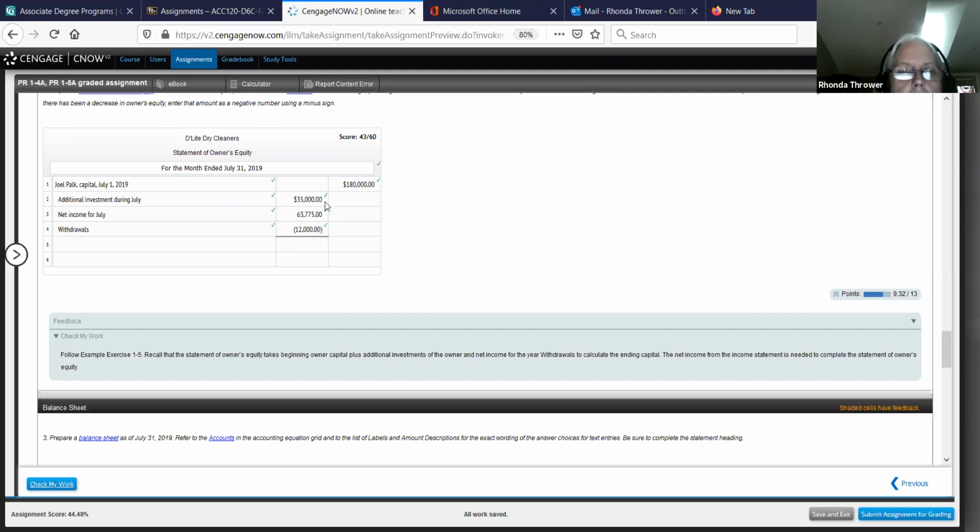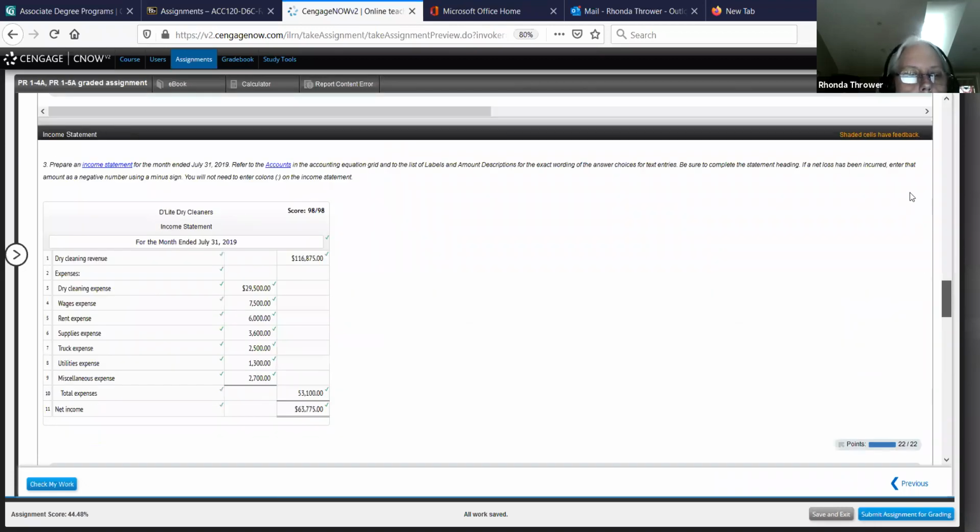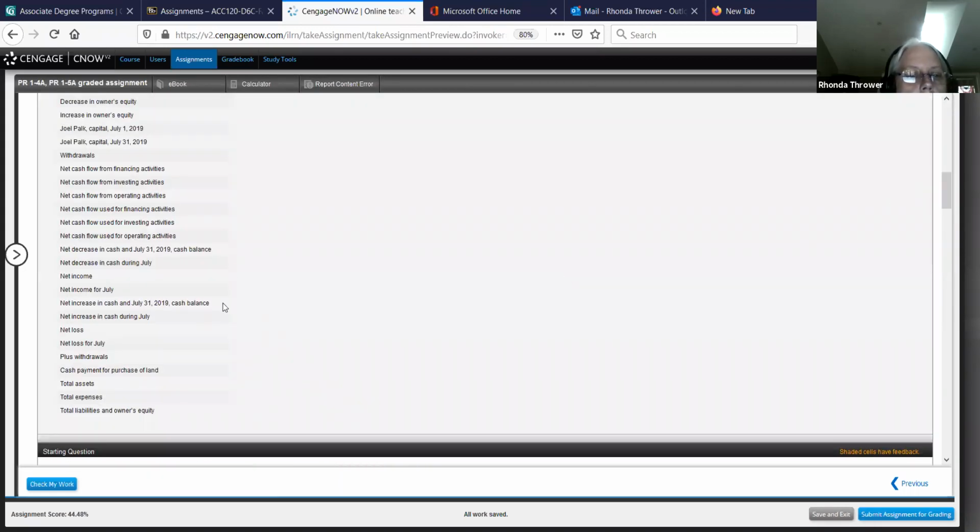You can see here that we had more increases than we did decreases. So this is going to be an increase in owner's equity. Go to your amount description label and find an increase in owner's equity. Copy and paste it.